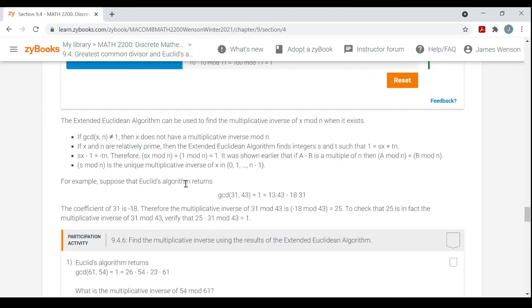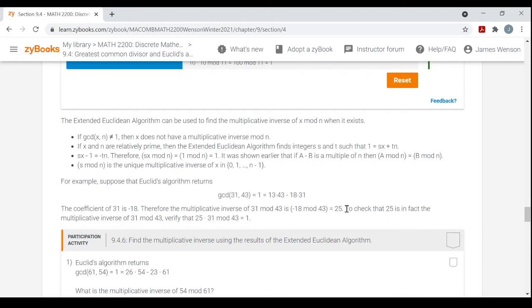So they give you an example here. Suppose that you found the greatest common divisor of 31 and 43 is 1. They're relatively prime. So that means they should have inverses mod each other. So for example, the inverse of 31 mod 43 would be negative 18, but that's not from 1 to 42, so you'd add 43 and get 25.